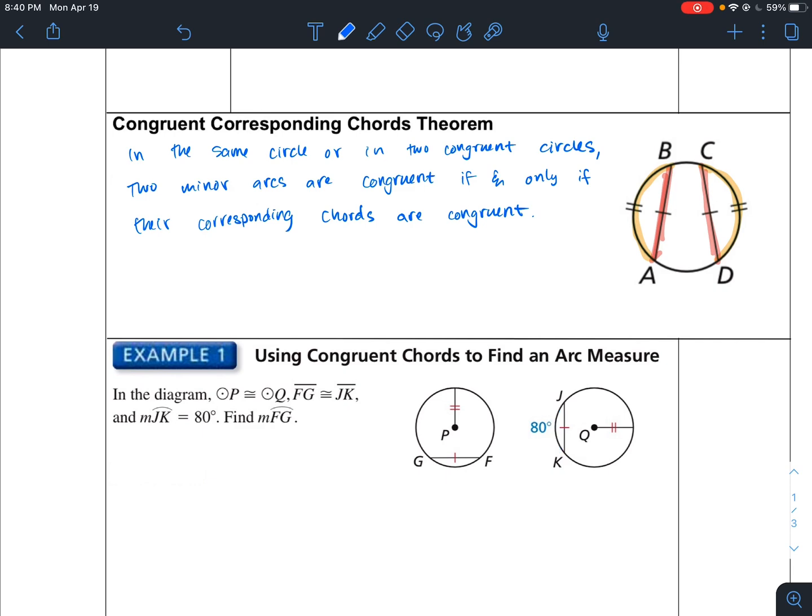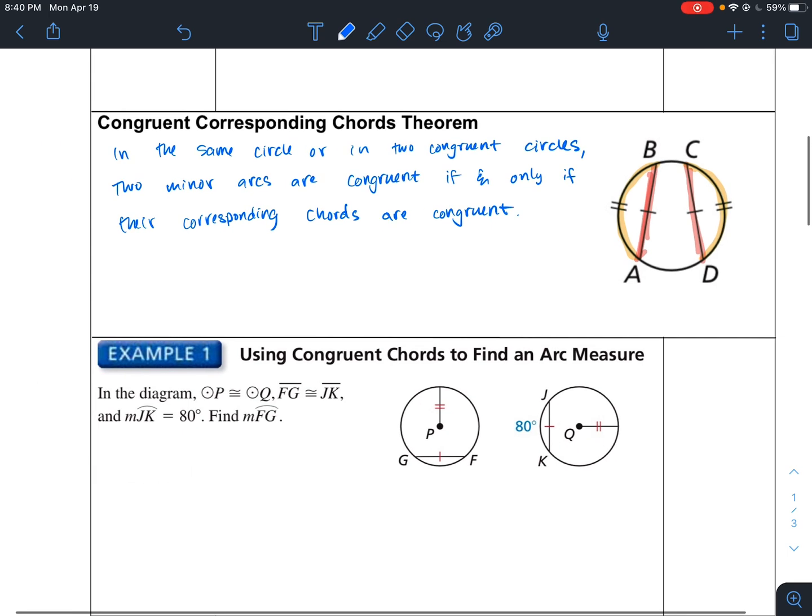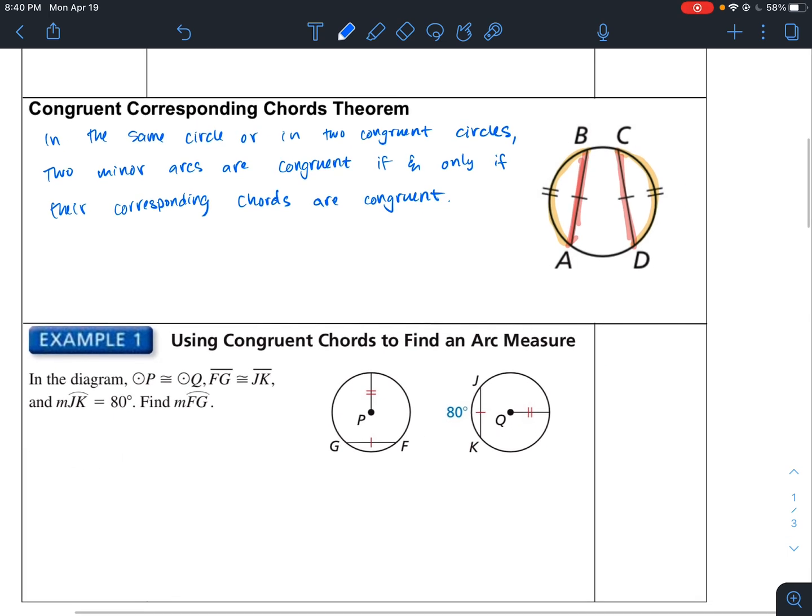Now, arc is measured in degrees, so that's something that we actually learn in 10.2 that I'm just going to introduce now. So say that we have a circle, and we have the center of the circle. So let's say that we have a piece of the circle that looks like this.